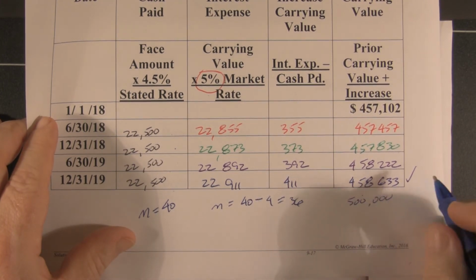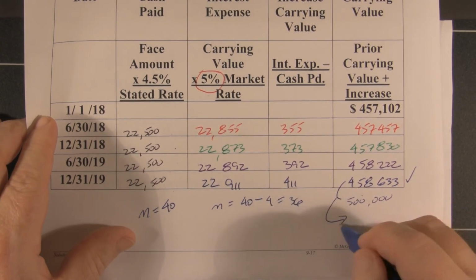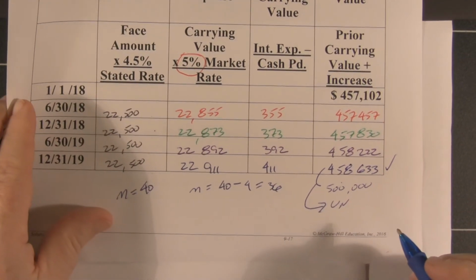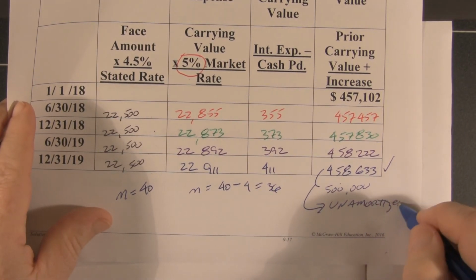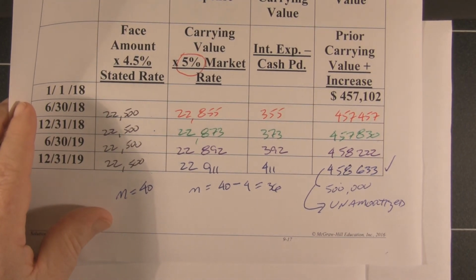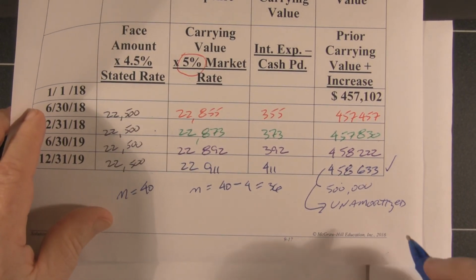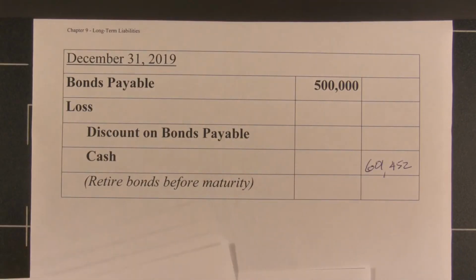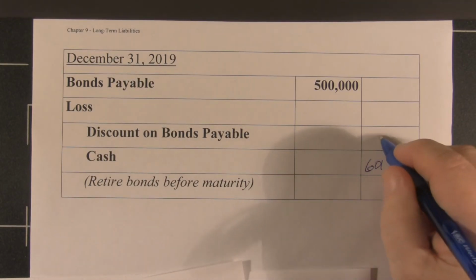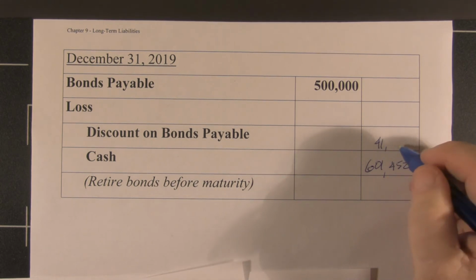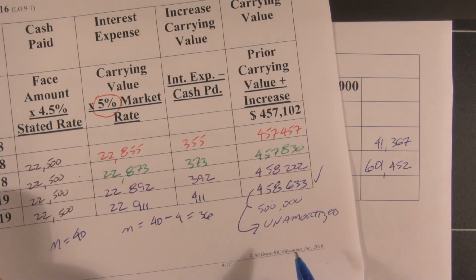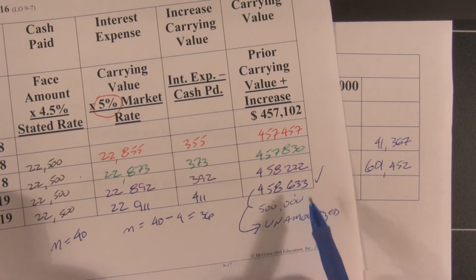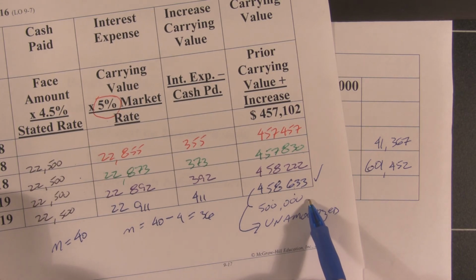That's the unused discount. That difference is the unamortized discount, and we have to make that go away too. And that is $41,367. So the discount that's going away is $41,367. That is the amount of discount that's still hanging around that we didn't use.